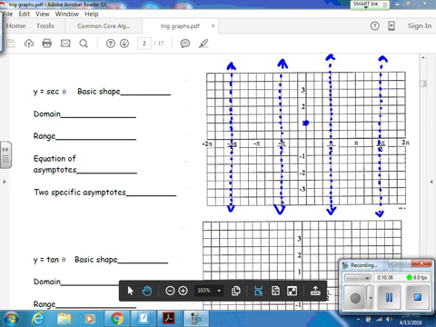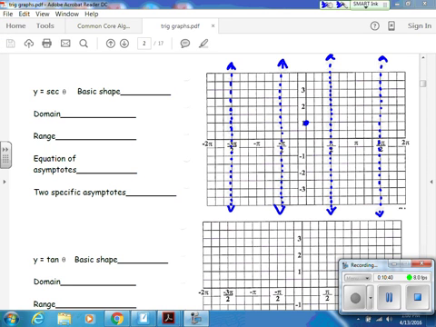Alright, so what do we got going on here in the middle? What does it look like? Because we've already got 1 point. What does it look like here? A parabola in the middle? Like right here? Okay. Let me do this real quick.